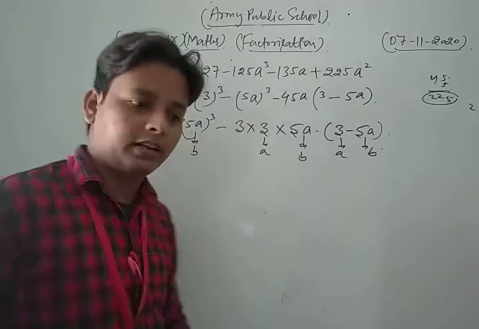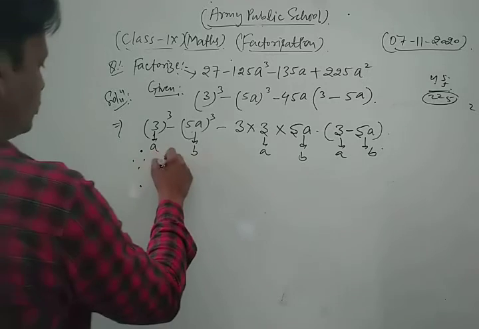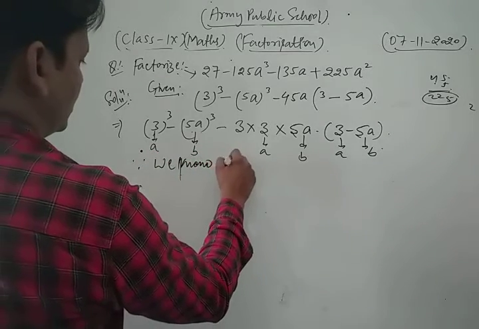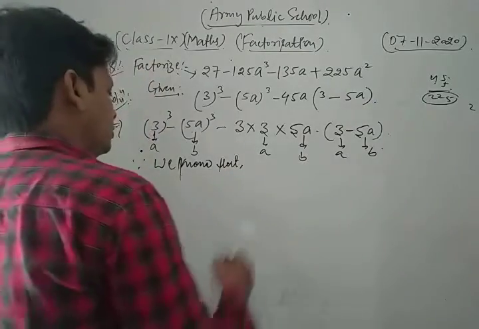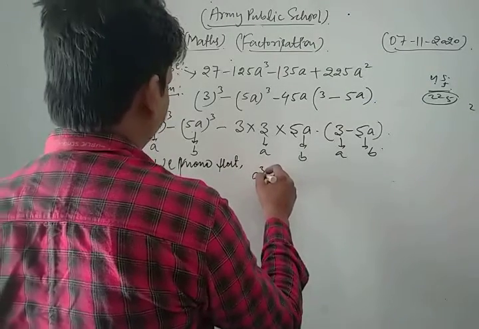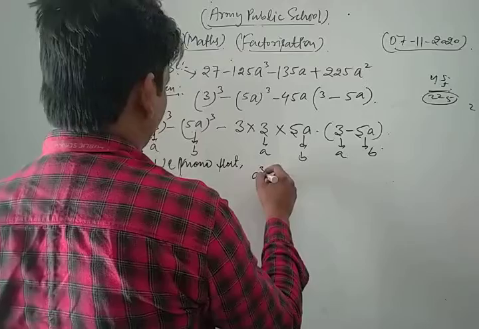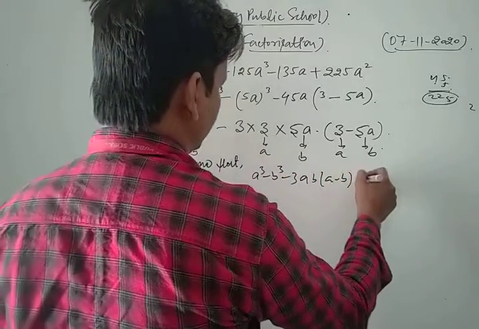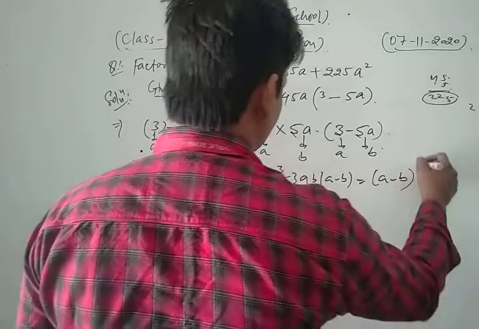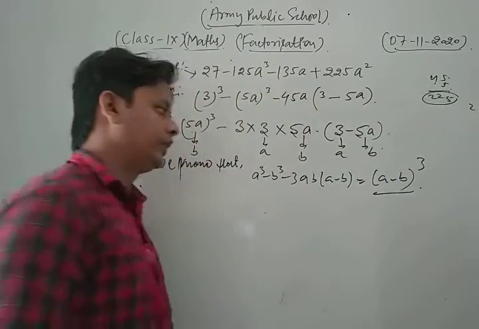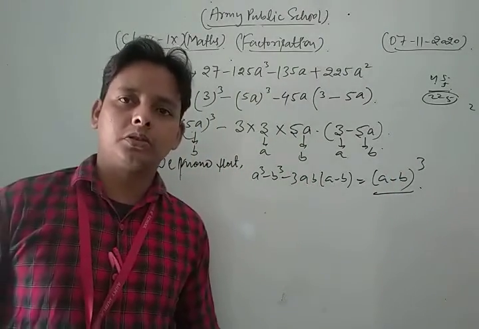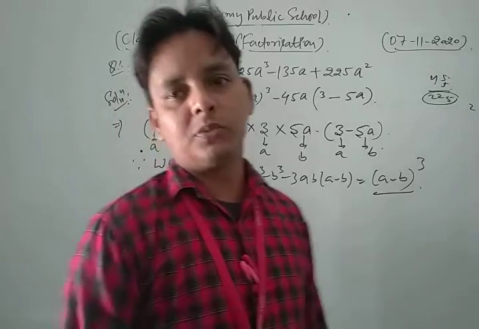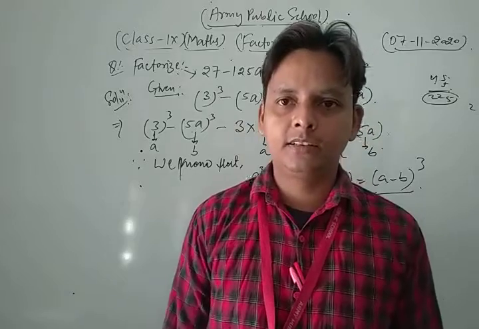And dear student, you know that a cube minus b cube minus 3ab in bracket a minus b is the formula of a minus b whole cube. We can write a cube minus b cube minus 3ab in bracket a minus b is equal to a minus b whole cube, right?